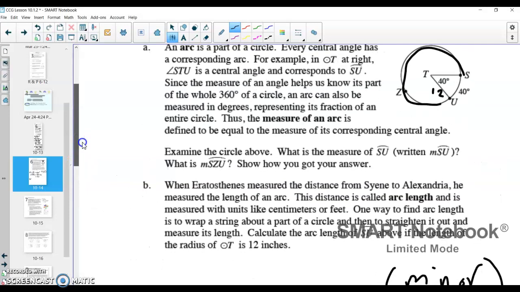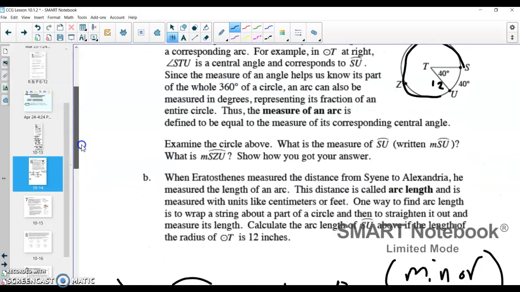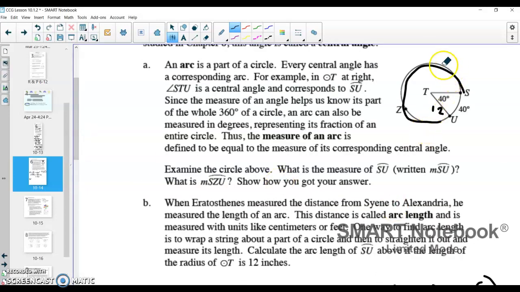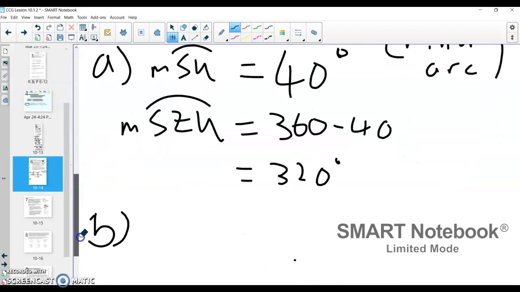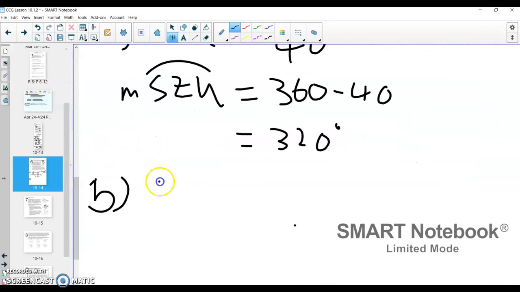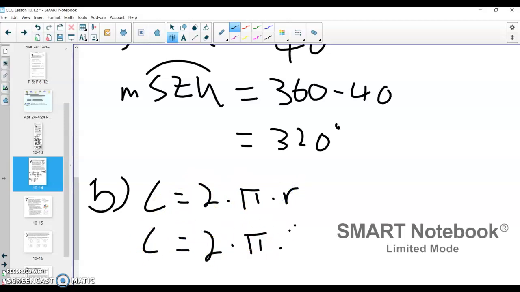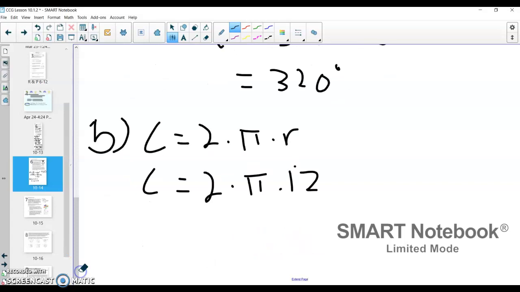If we want to find an arc length, we want to find the circumference of the entire circle and then multiply it by the portion of the circle that we want. Circumference is always 2 times pi times radius. In our case, that is 2 times pi times 12, which gives me a circumference of 24 pi.